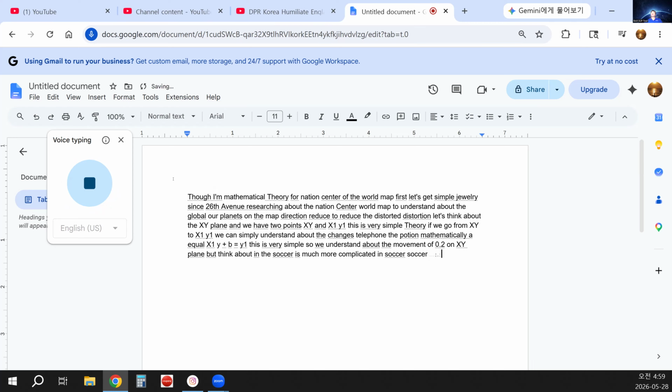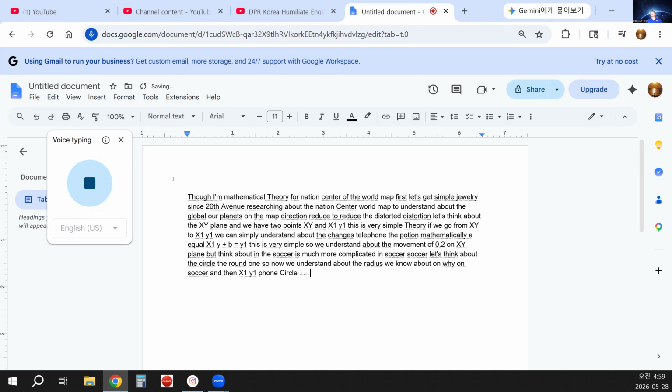Let's think about the circle, the round one. And now we understand the radius. We know about X, Y on the circle, and then X1, Y1 on the circle as well.